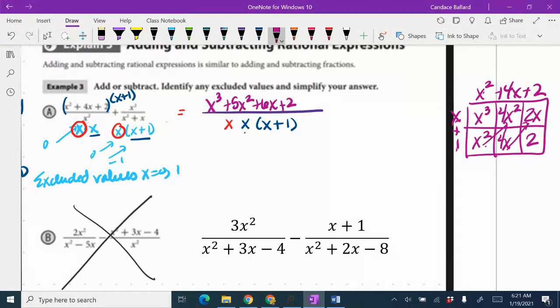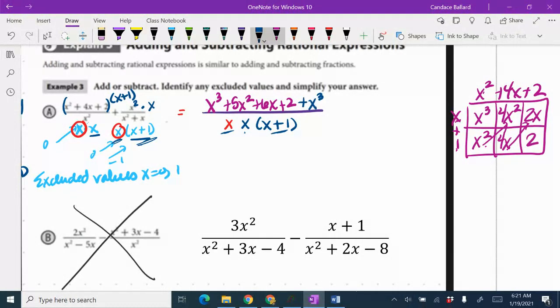I am going to look at my second fraction here, and I'm going to multiply by what's missing. I notice I've got a red x and the red x, and I notice I've got the x plus 1 and the x plus 1, meaning what's missing is the x. So I'm going to multiply by x. So that looks like x squared times x, which would just simply be x cubed.